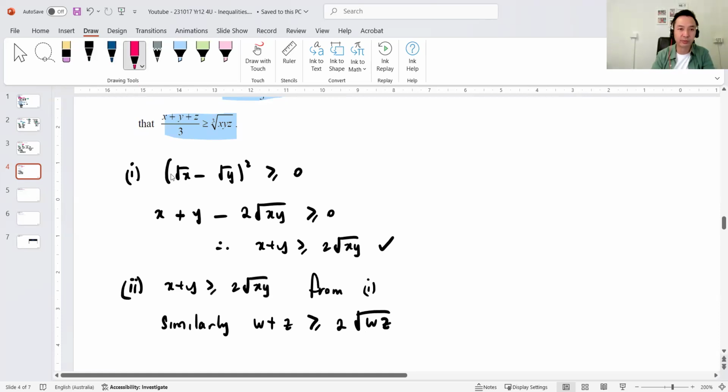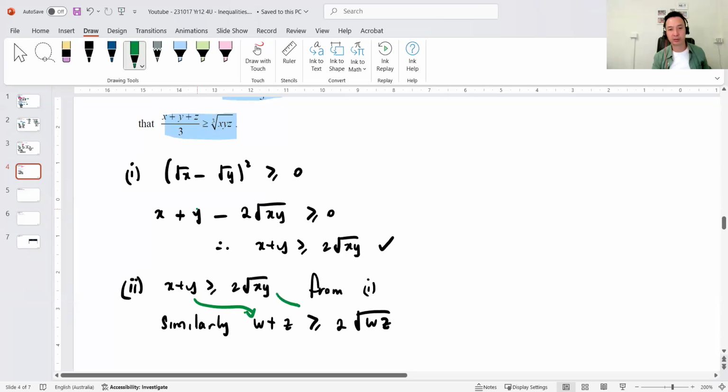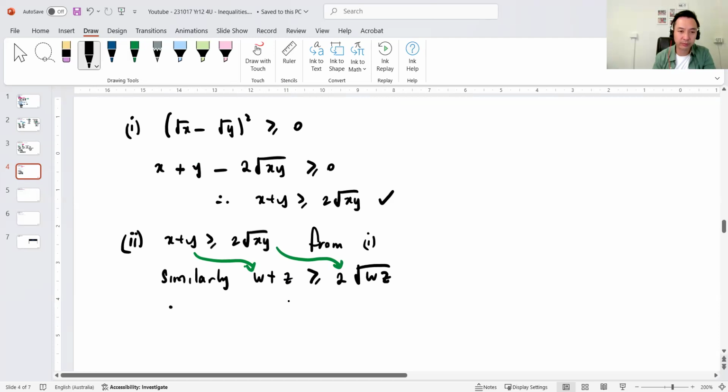And then, guys, just like before, I will add these two. Therefore, x plus y plus z plus w, I'll switch the order because that's what they want in the question, is greater than or equal to 2 root xy plus 2 root wz, right?